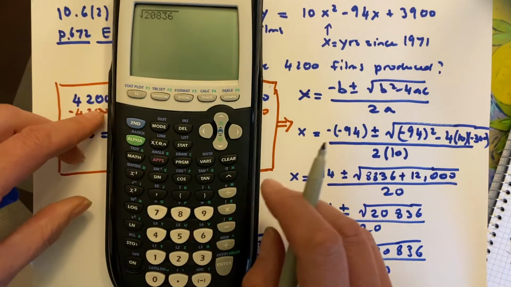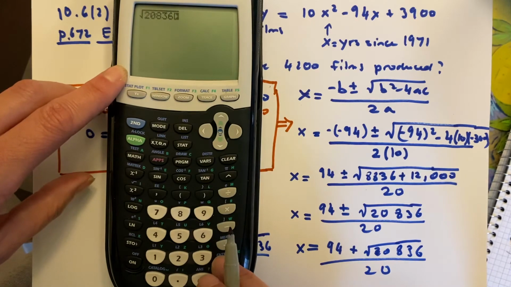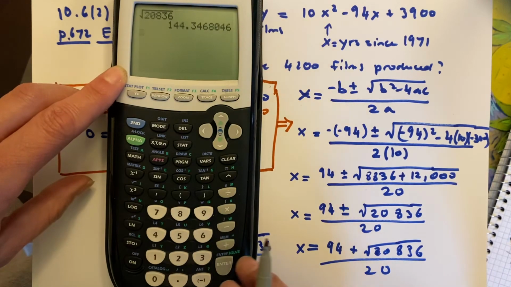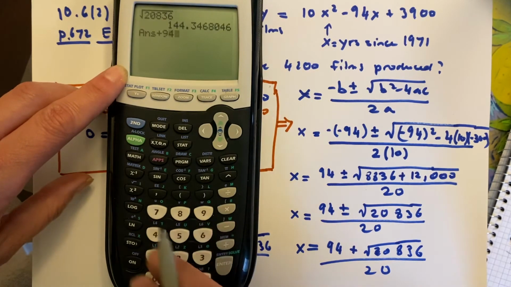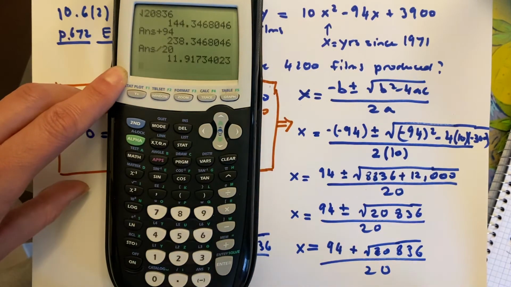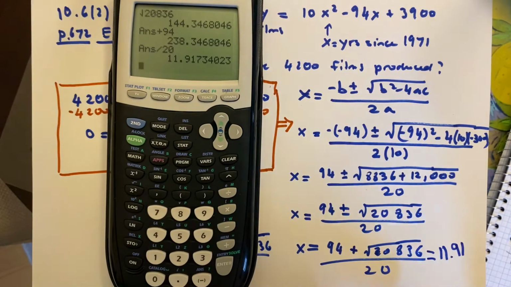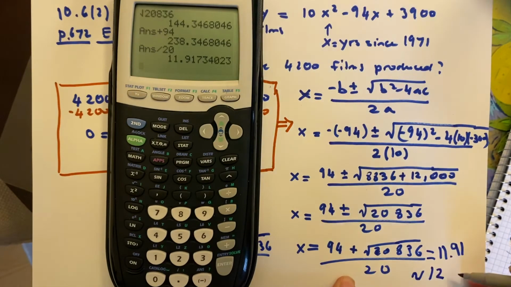So my first answer: the square root of 20,836 is 144.34, plus 94, divided by 20. I get 11.91, which, since we're talking of years, is about 12 years. So that's my first answer.